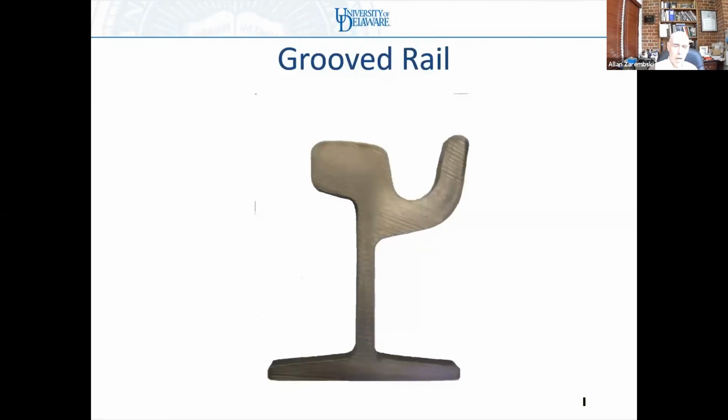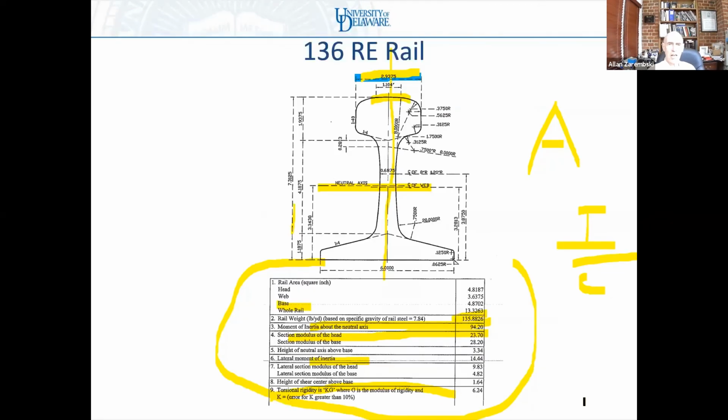Okay. So I should say, for example, that these are all called T-rails, because they basically look like an upside down T. Every once in a while, you'll see the name Vignoli rail. Has anybody ever heard the name Vignoli rail?